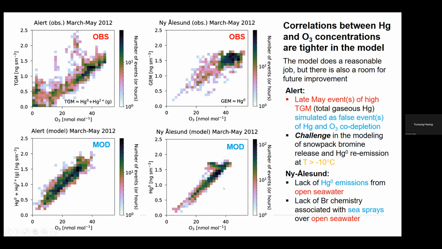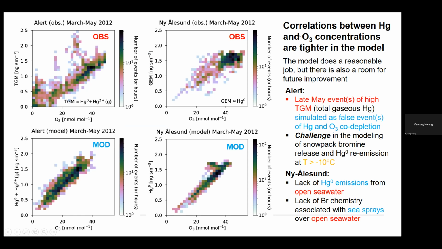We are missing the mercury emission from the sea surface, which can occur from open seawater. That's neglected in the model. That's one source of this scatter in the observational data. And we also ignore the bromine chemistry associated with sea spray over open water. That's also probably relevant at Nielsen, which is close to the open ocean.